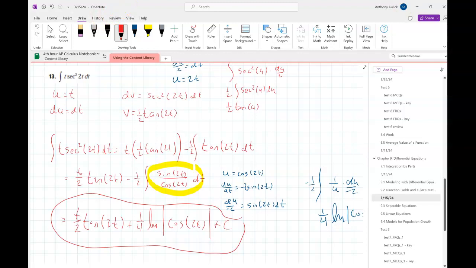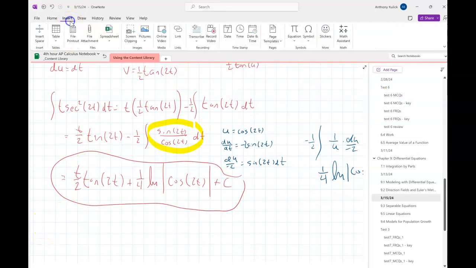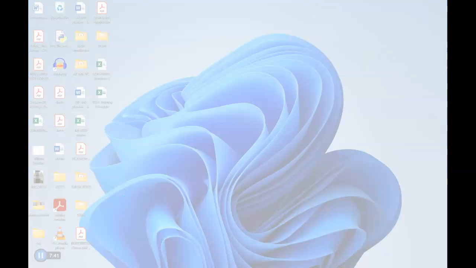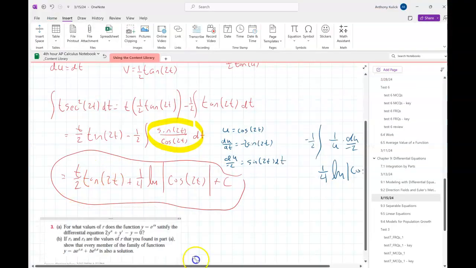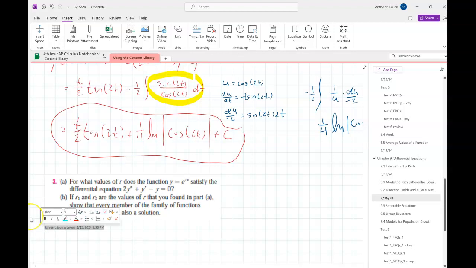9.1 number 3. Oh, yeah. Ooh, this would make a good test question, I think.